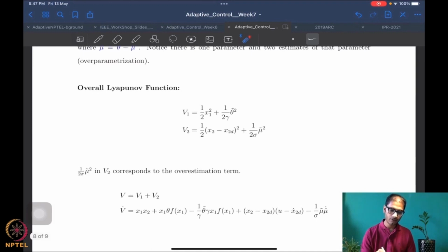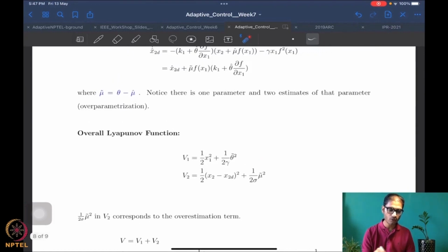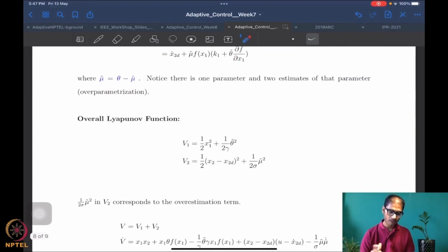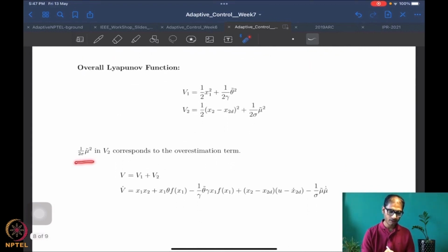Now, this was already there, nothing new here. The new term is here. Why? Because we introduced a new estimate for the same parameter theta. So this is what is mentioned here: 1 over 2 sigma mu tilde square in V2 corresponds to the overestimation term.